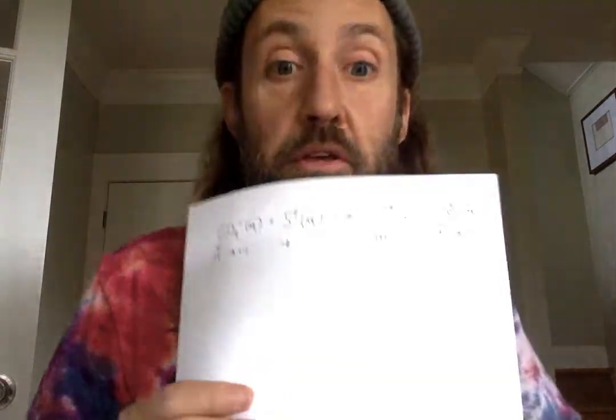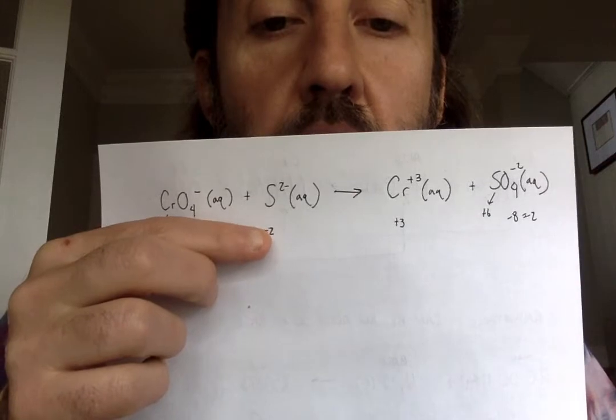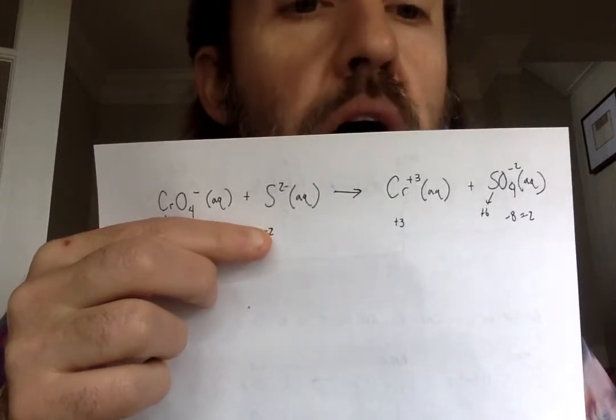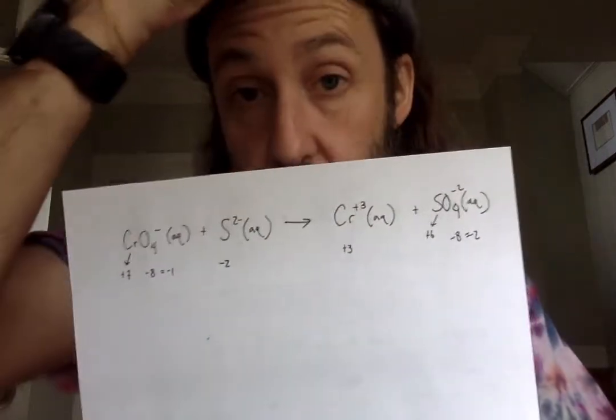Here it adds up to -2, so the sulfur is going to be a +6. So that's a big swing there. The sulfur is oxidized up from a -2 to a +6, so oxidation is a loss.